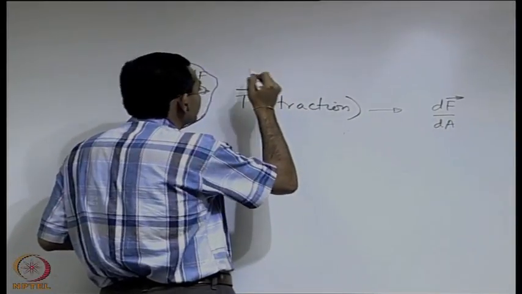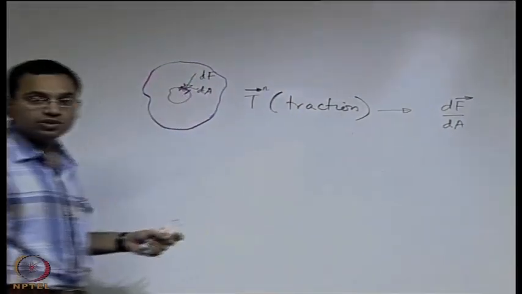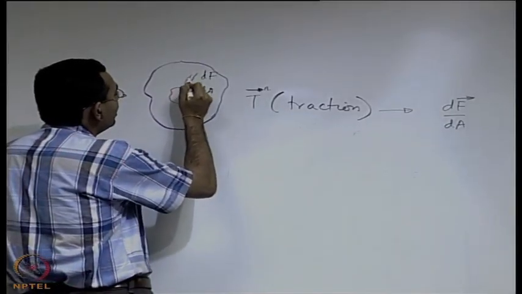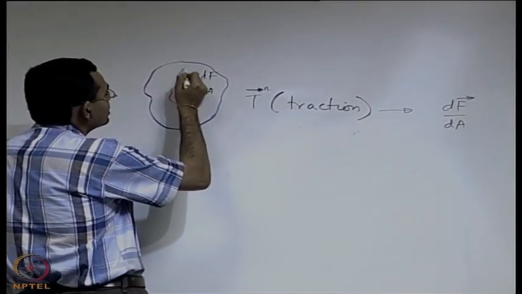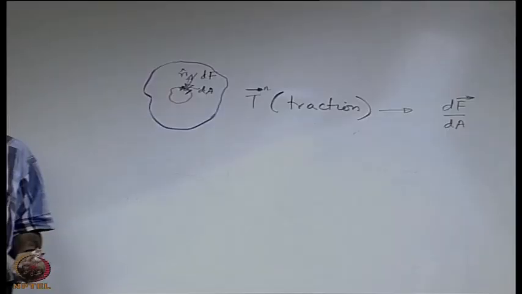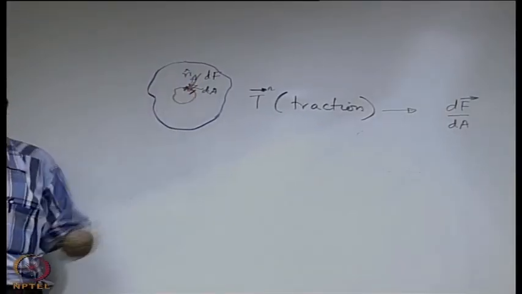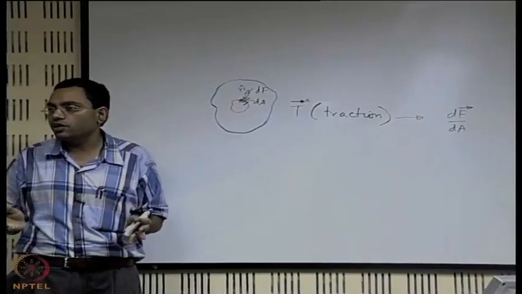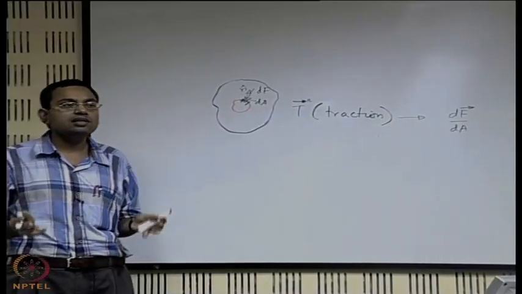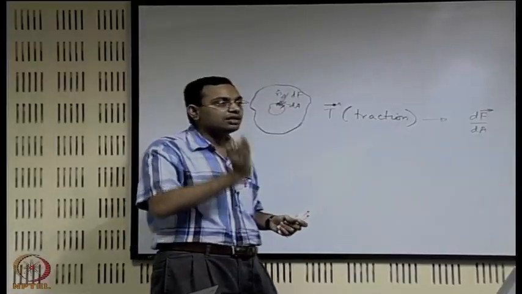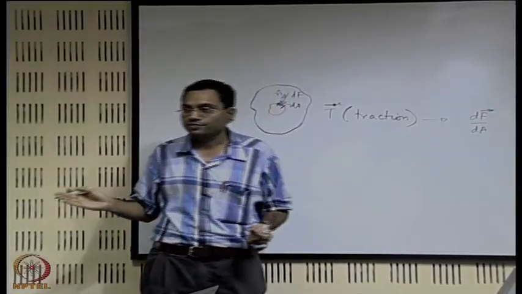So, let us give a superscript n. This n denotes that we are talking about an area which has its outward normal in the direction of the n vector. Whenever we denote the orientation of area, it is customary to denote it by the unit vector in the outward normal direction.